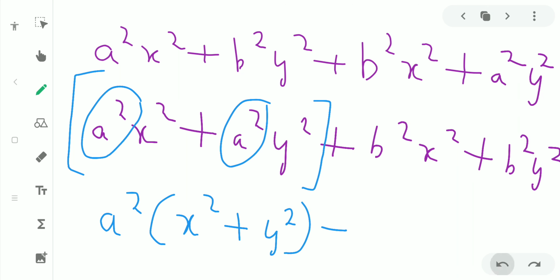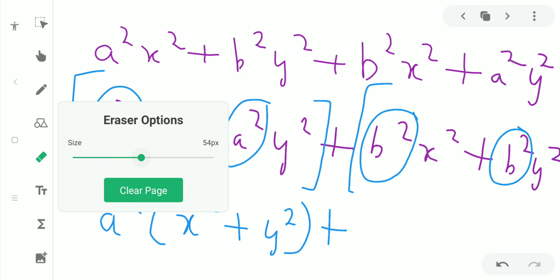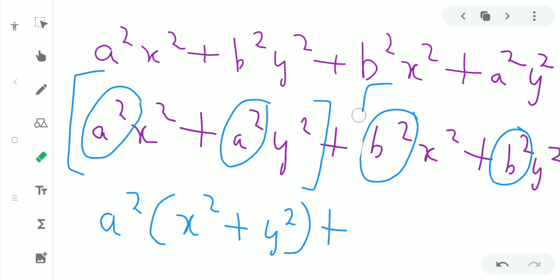Plus, here also you can see I can take b square common over here. So if b square is taken out, here we are having x square plus y square.